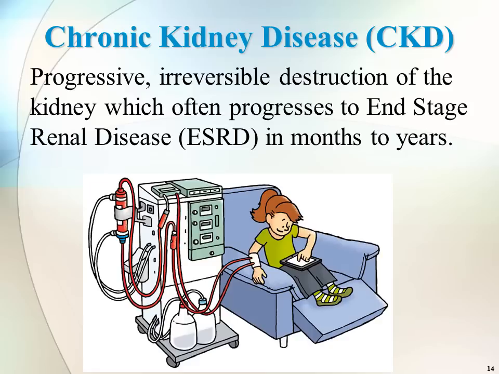1 in 9 people have some degree of chronic kidney disease. And your textbook defines chronic kidney disease as the presence of kidney damage or a decrease in GFR less than 60 for 3 months. The leading cause of kidney disease, I should say, is diabetes and hypertension.